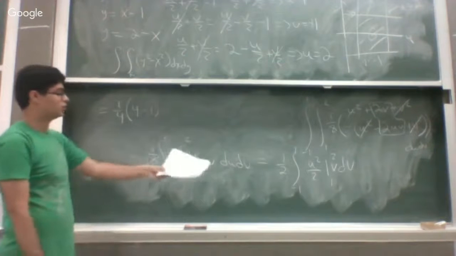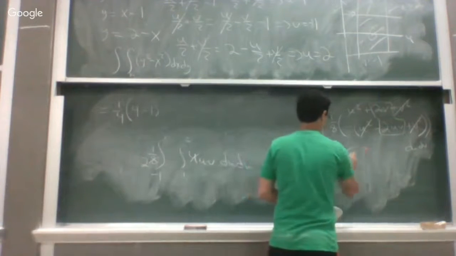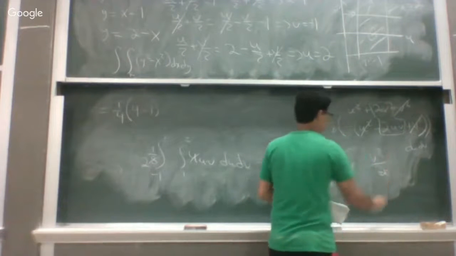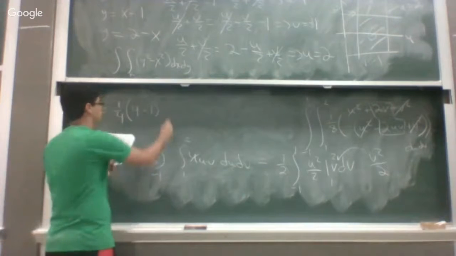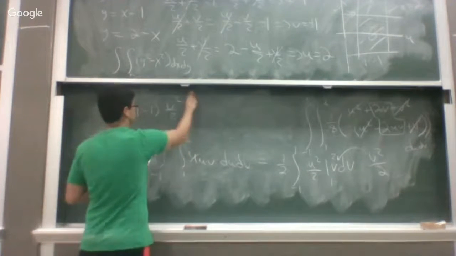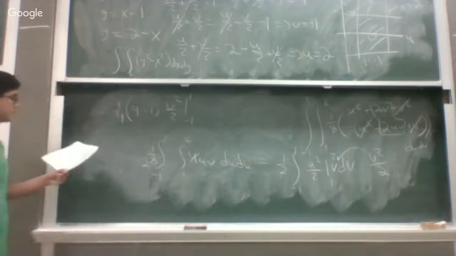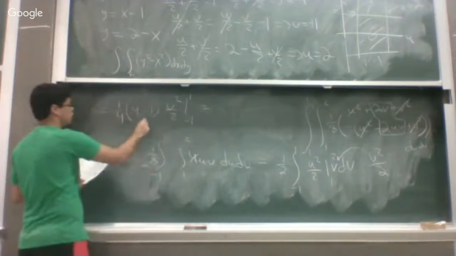And then we have now v squared over 2, right? So then I'll just write it this way, going from -1 to 1.